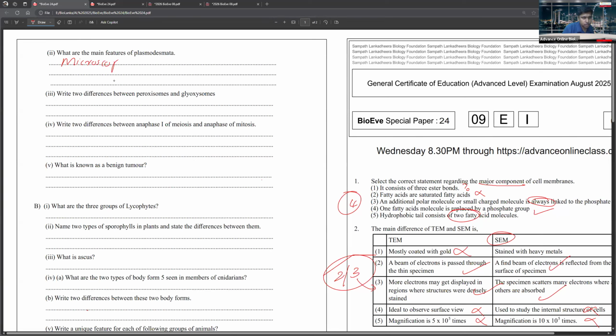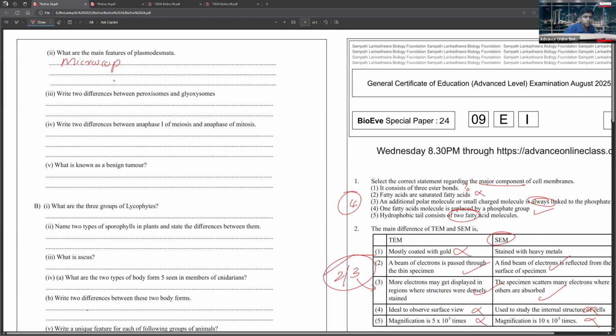You take the answer, but I can't clear this, I have a chat box open here. They are cytoplasmic living connections. So the features of plasmodesmata: they are cytoplasmic living connections which run through plant cell walls.